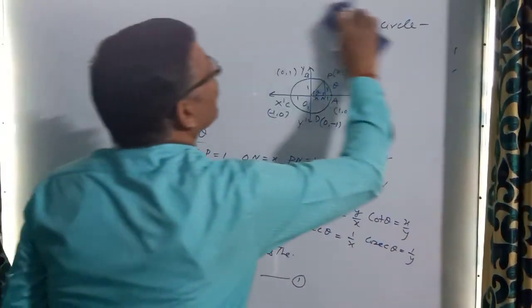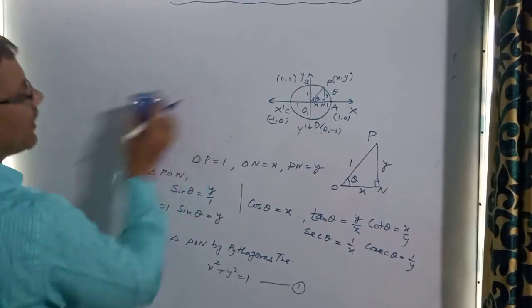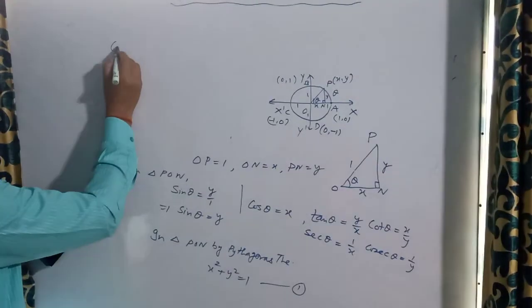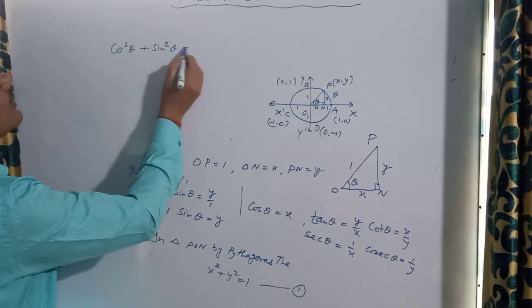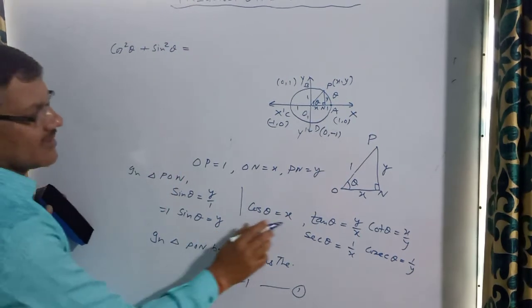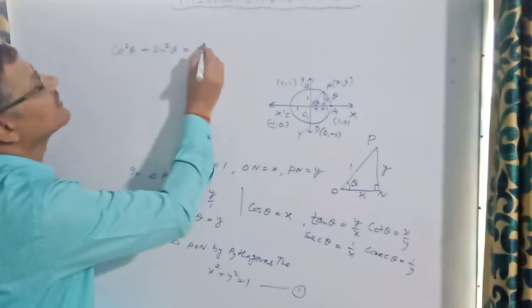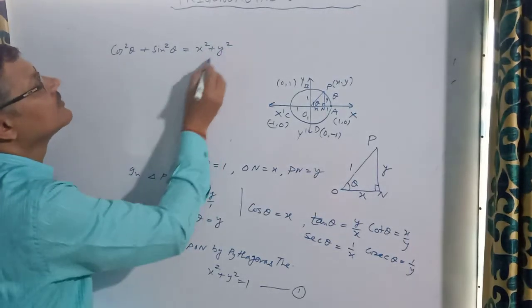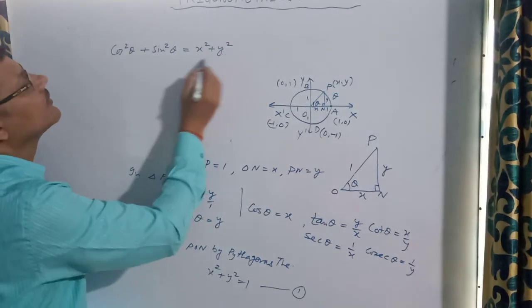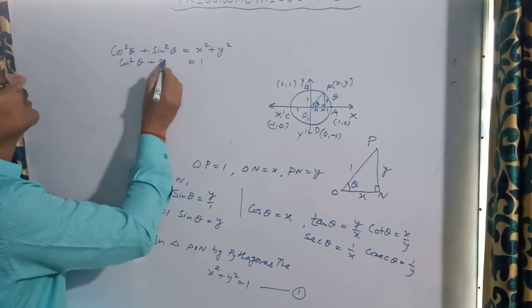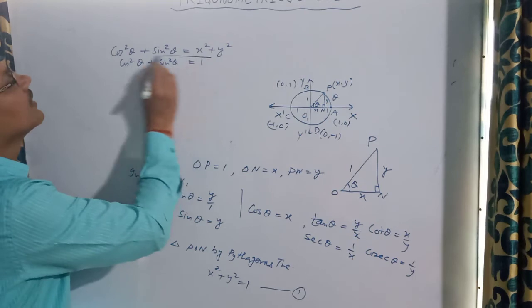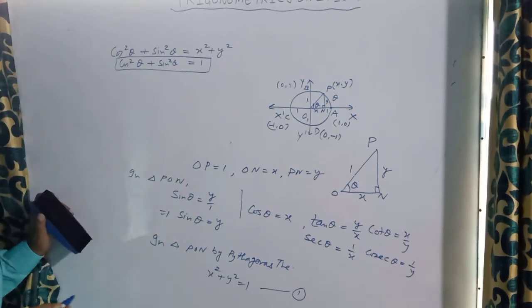Now we may write cos square theta plus sin square theta. What is cos theta? Cos theta is x. So it can be written as x square plus y square, and it is equal to 1. So we get identity number 1, that is cos square theta plus sin square theta equal to 1.